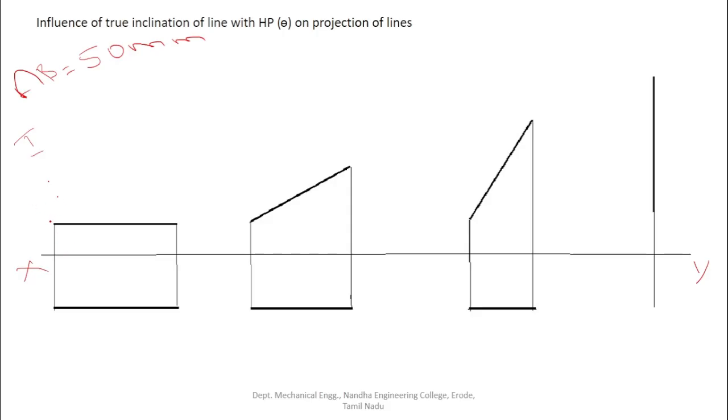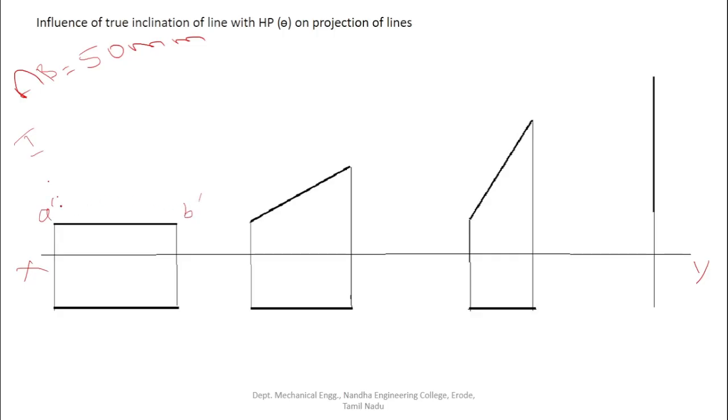Assume the line is parallel to HP as well as parallel to VP. The distances between the line and HP and between the line and VP are some distance. It is not necessary here, because we are only going to discuss the effect of the true inclination of the line with the HP. So this is a dash and this is b dash.